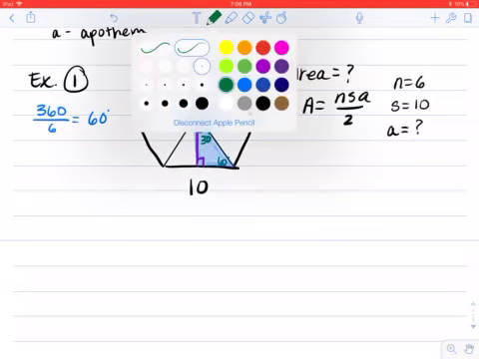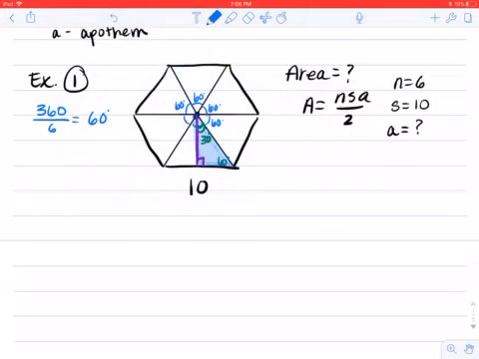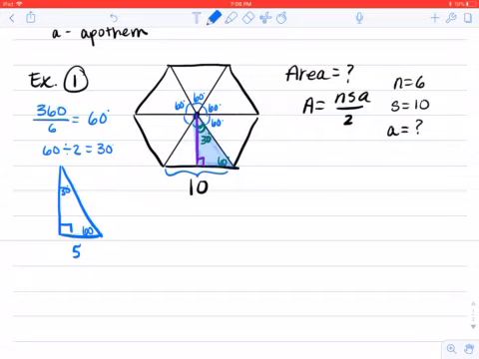So we need to remember our rules. Remember how I told you that was super duper important? Yeah, it is. So again, just to recap, we took 60 divided by 2 to get 30 for this angle here. And now we have a 30-degree angle, a 60-degree angle, and then this whole thing was 10.